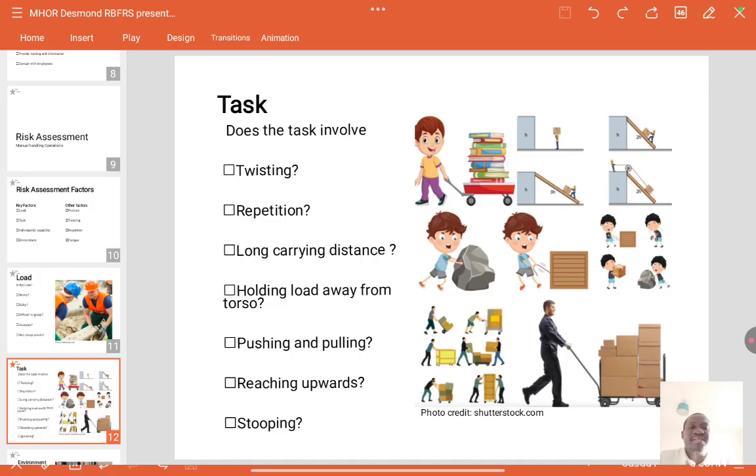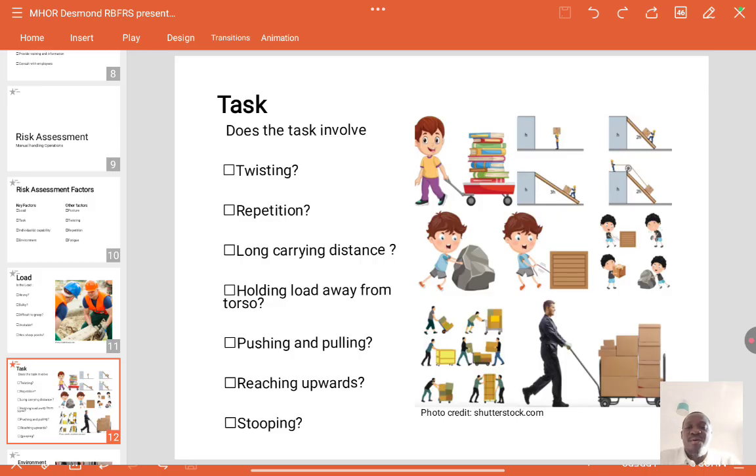So you realize that sometimes there could be a way to do this work easily, by adopting simple mechanical ways like pulleys. So you need to ask yourself: does the manual handling work that you're going to do involve twisting? Would it involve repetition? Would it involve carrying a load for a long distance?